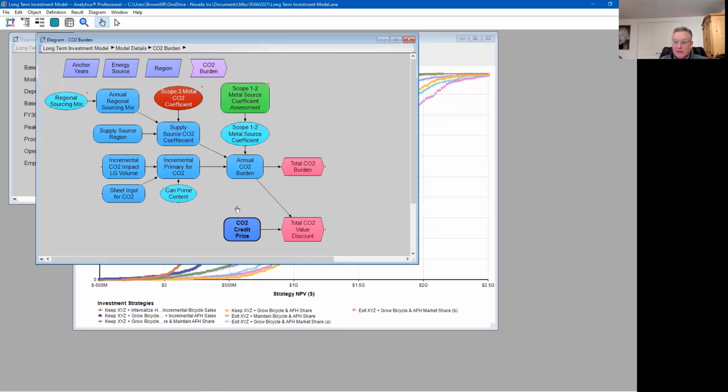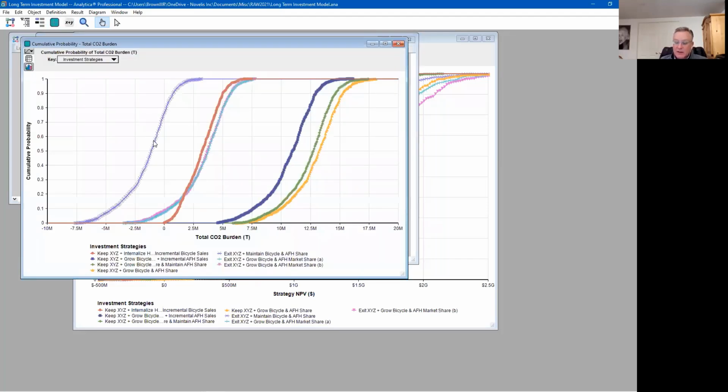In the end, of course, what we have is a total CO2 burden across the various choices of strategies that we created. So this third strategy actually has a net contribution against the baseline of CO2 reduction, whereas these others still contribute quite a bit over, I think it's about a 12-year horizon in the model.